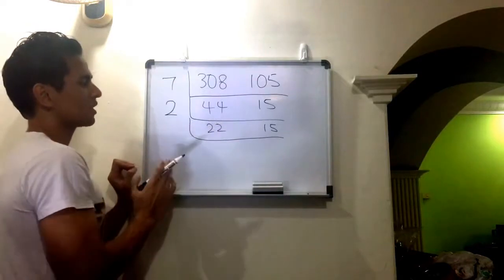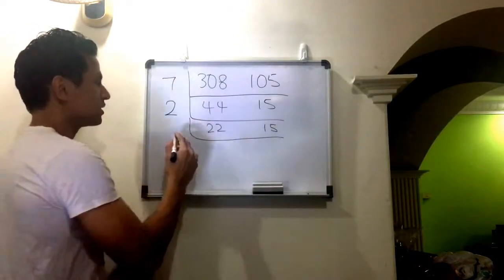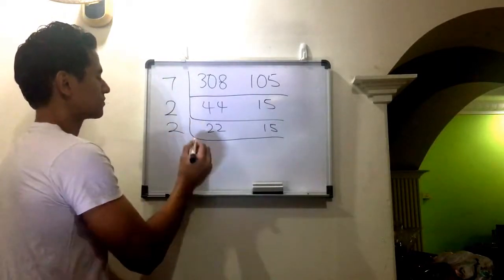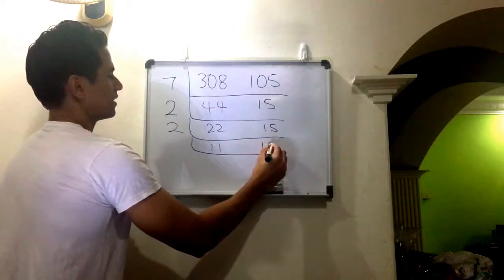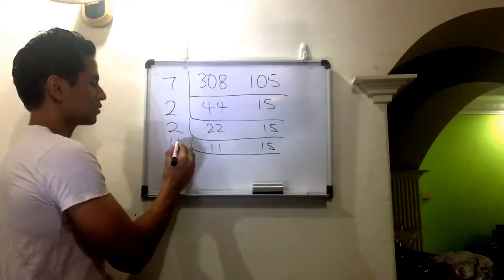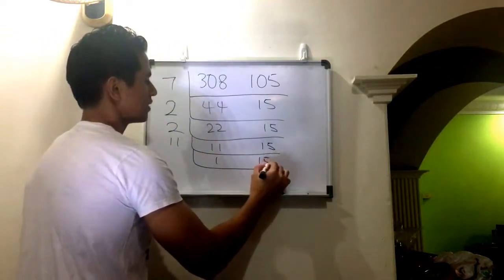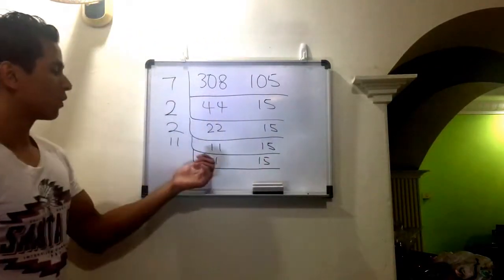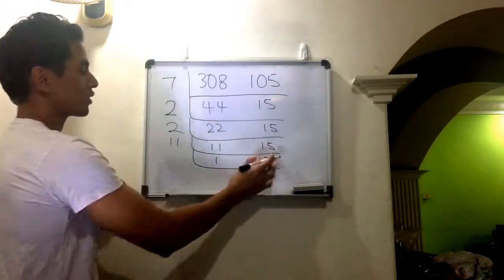We're just going to now focus on, let's say, the left number. So 22, again, we can divide by 2. So we get 11 and 15. And then this one will get divided by 11, and gives us 1 and 15. So right now, 1 is settled, and we're going to carry on for the 15 part.